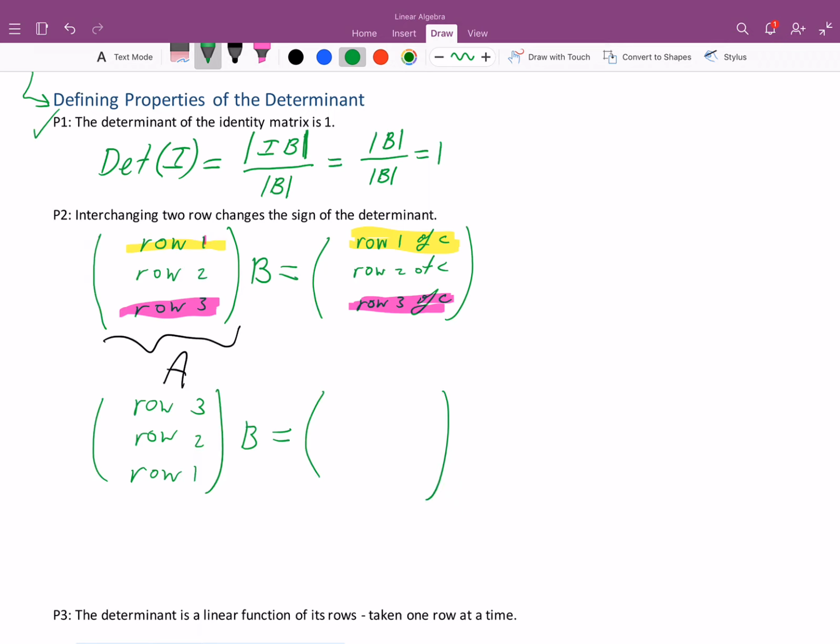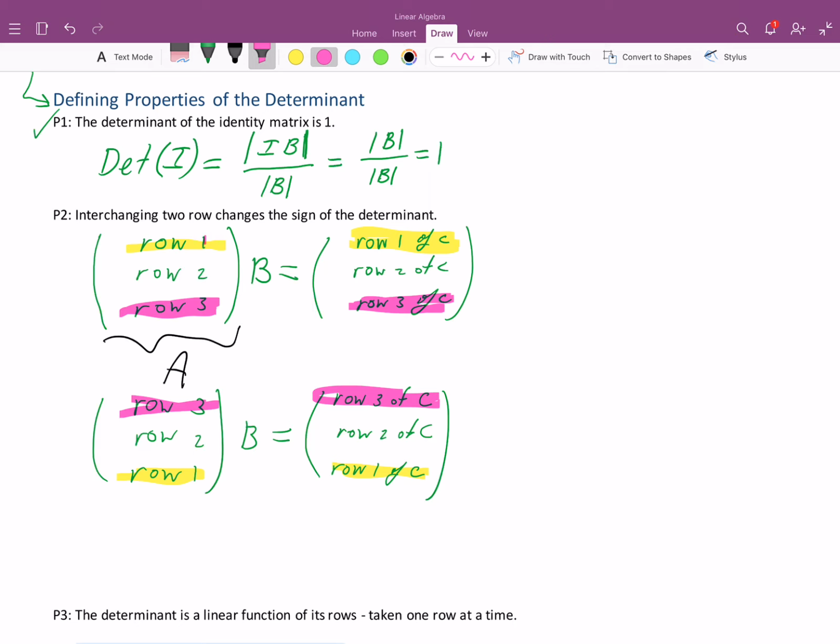So what I would get in the answer is the old row 3 of C in the first row position. Row 2 of C doesn't change. And what used to be the first row of C is now in the last position. So this is a basic property of matrix multiplication.